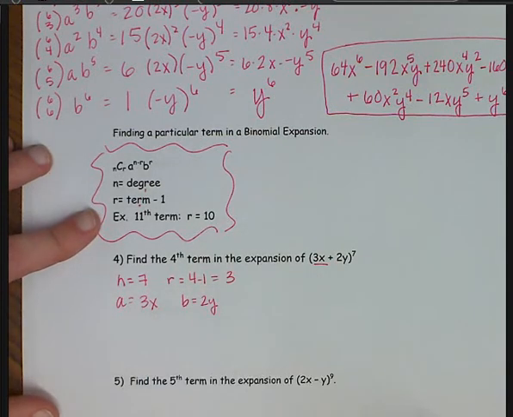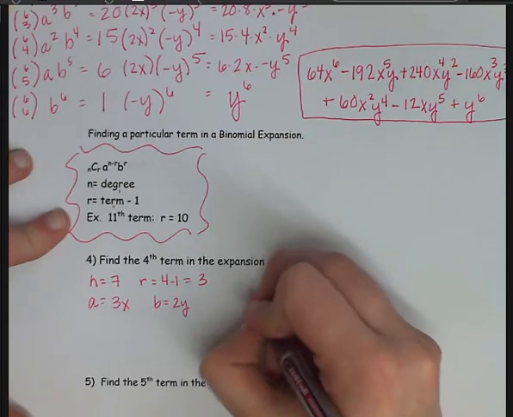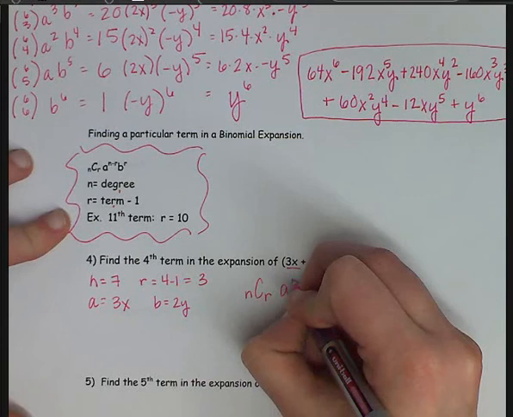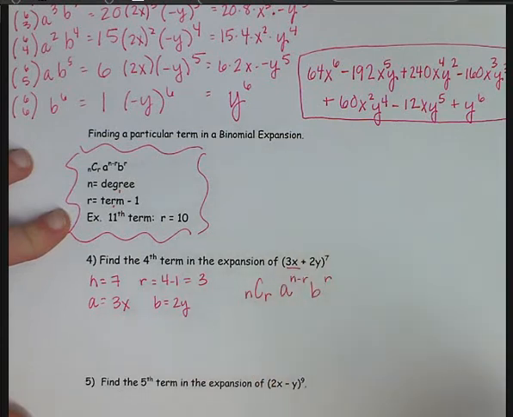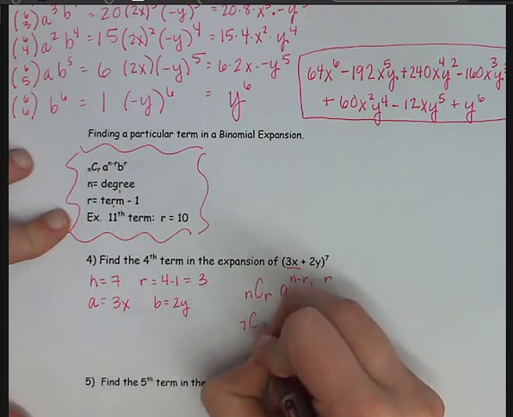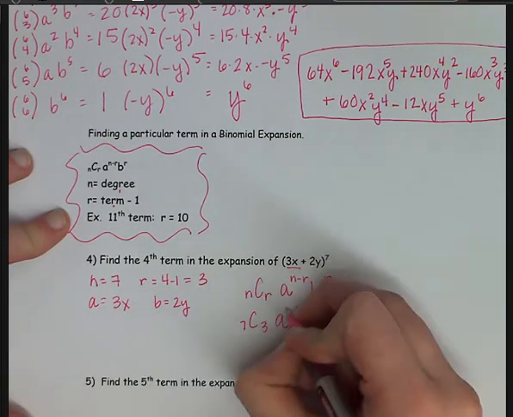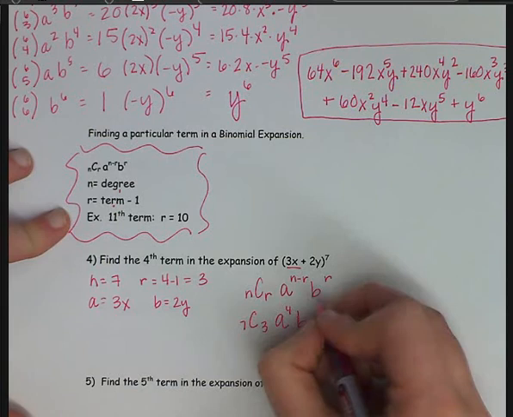So I'm going to plug it into that formula, which was n choose r, a to the n minus r, b to the r. So I'm going to take 7 choose 3, a to the 7 minus 3 is 4, b to the r, which is 3. Okay?